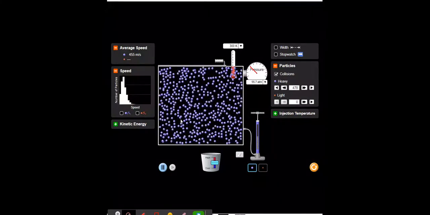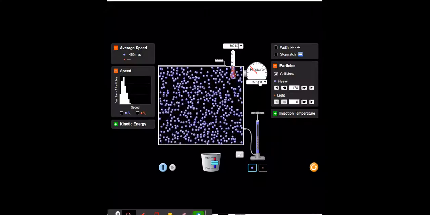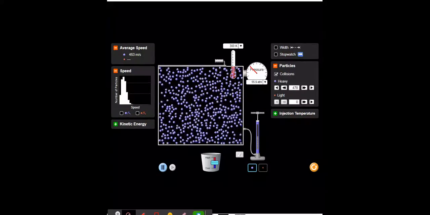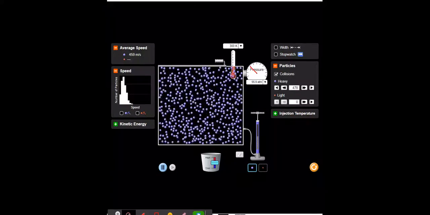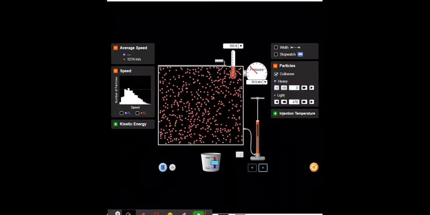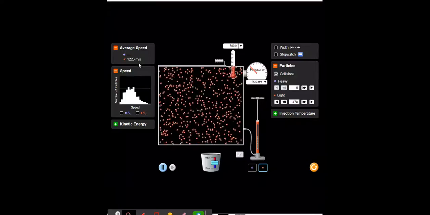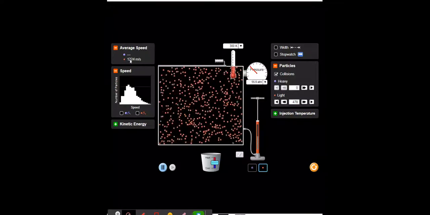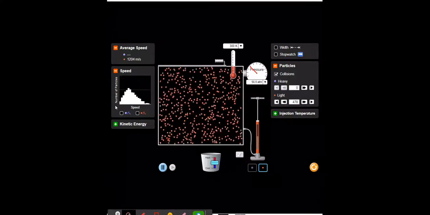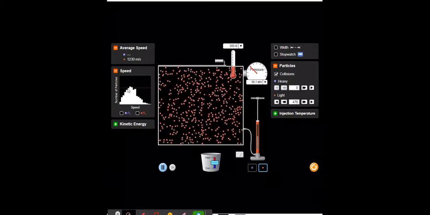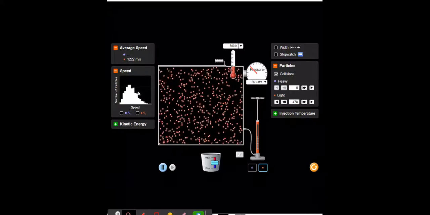Now let's look at a little tiny red particle. Same pressure, same number of particles, same temperature of 300 Kelvin. And this is what those red particles look like. At 300 Kelvin, you can see their average speed is over 1200. And notice that this graph is more broad, it's more spread out.